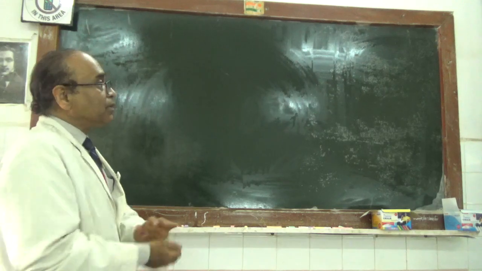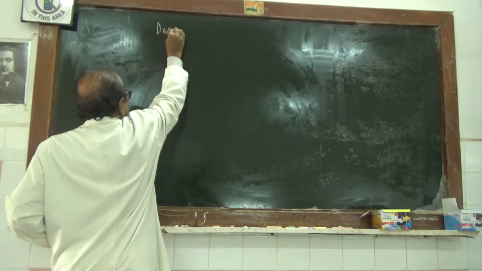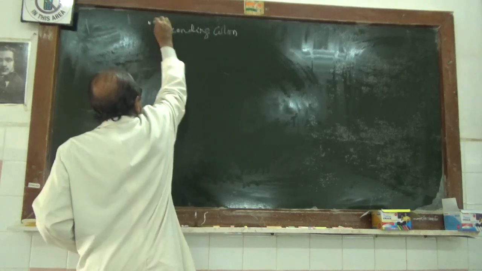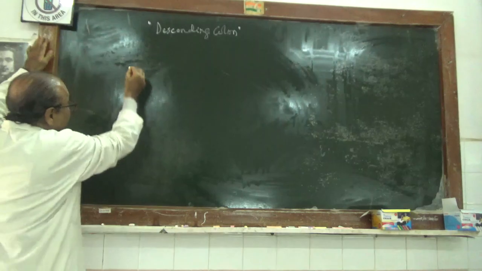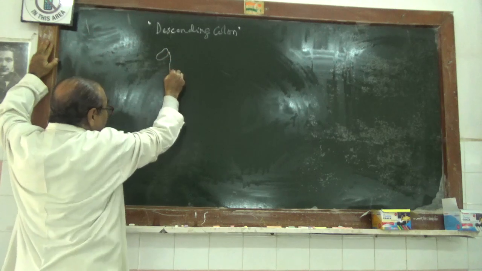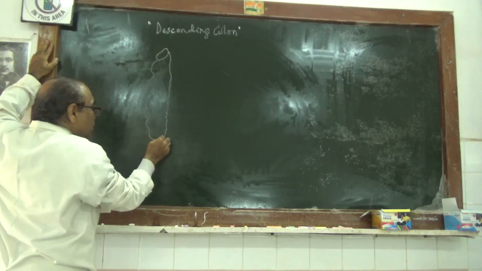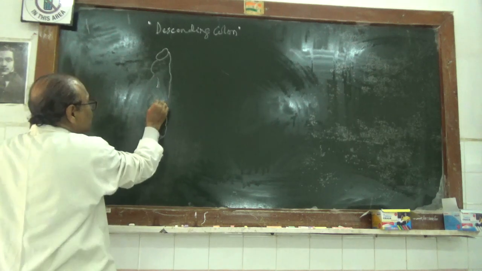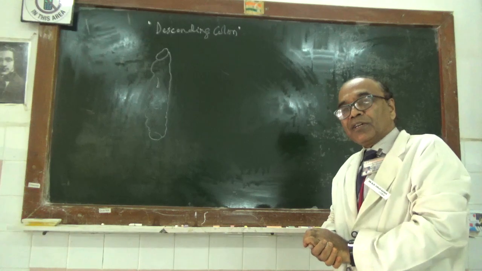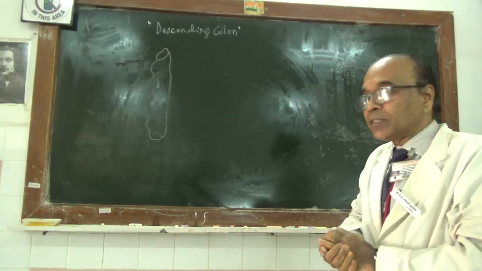Now we will go to the descending colon. It is so named because it will be completely descending from the ending of the left colic flexure in the paravertebral, or otherwise the left lumbar region, which is almost parallel to the median plane.